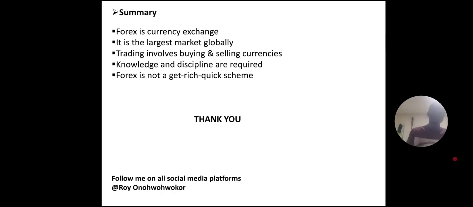Don't be in too much haste to fund. Have the knowledge. Understand this. There's a lot to learn in trading. There's fundamental analysis, there's technical analysis, there's the psychological part of it. So you have to understand and get all these things right first before you jump into the real life trading account.